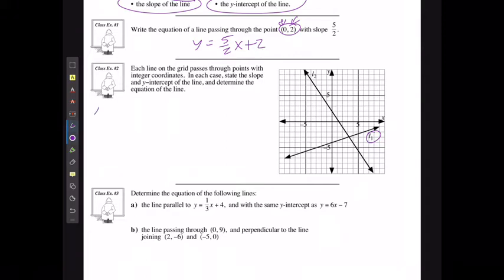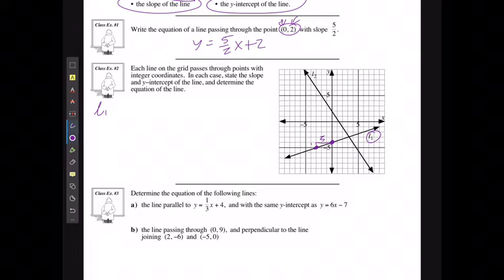So for line 1, I am going to use the y-intercept as one of the points. I'm going to pick one other integer coordinate that it passes through in order to figure out that this one is going up by 1 and right by 3.